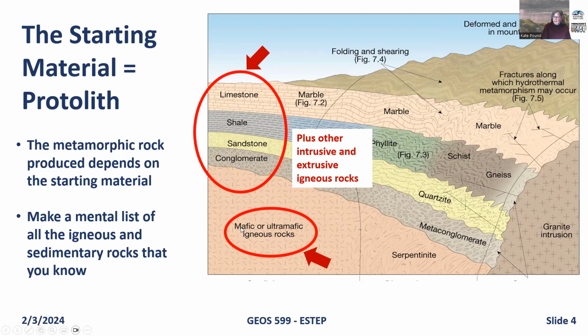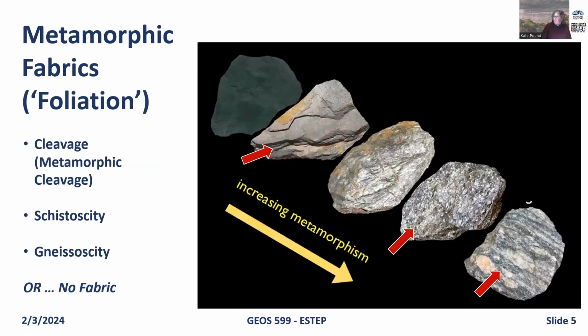So we've got here highlighted mafic and ultramafic igneous rocks, and then some of our favorite sedimentary rocks: conglomerates, sandstones, shales, and limestones. What hasn't been included here are all sorts of other intrusive and extrusive rocks. We'll come back to this diagram later. We're just focusing on the starting material at the moment.